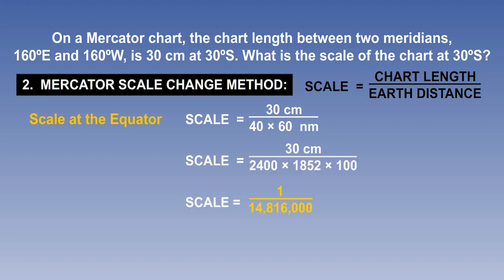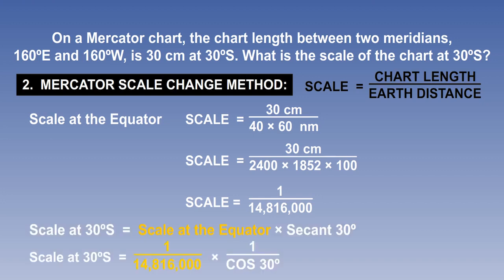This gives the scale at the equator as 1 to 14,816,000. Now we simply have a normal Mercator scale change problem, just like example 1. Scale at 30 south equals scale at the equator times secant 30.